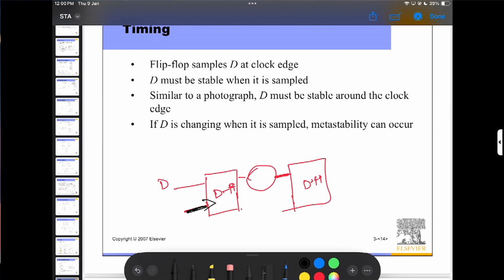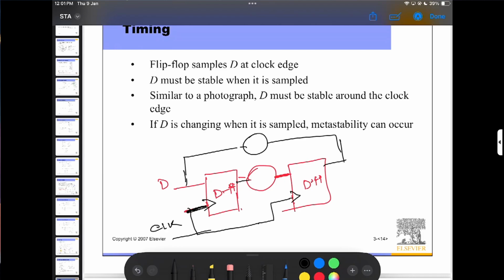Here is my clock. If it is a sequential circuit, then this output has some delay and goes to here. So basically this is the launching flip-flop, and this is my capturing flip-flop.